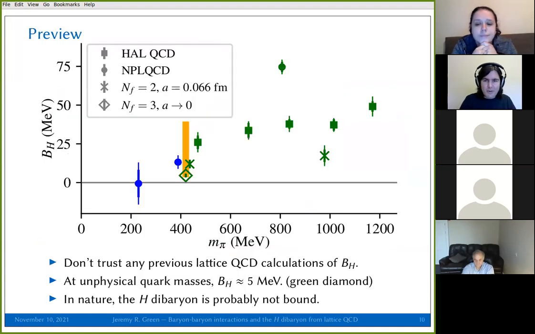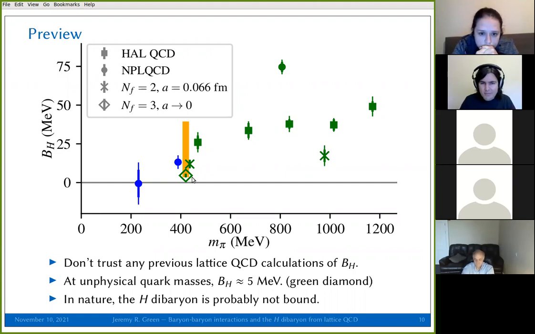Okay, so before getting into the details of the calculations, this is a preview of the main result, where most of these points show the H-dibaryon binding energy for lattice calculations with different quark masses and different pion masses. Most of these points are previous calculations, and the main result I'm showing here is this diamond with a small error bar inside.